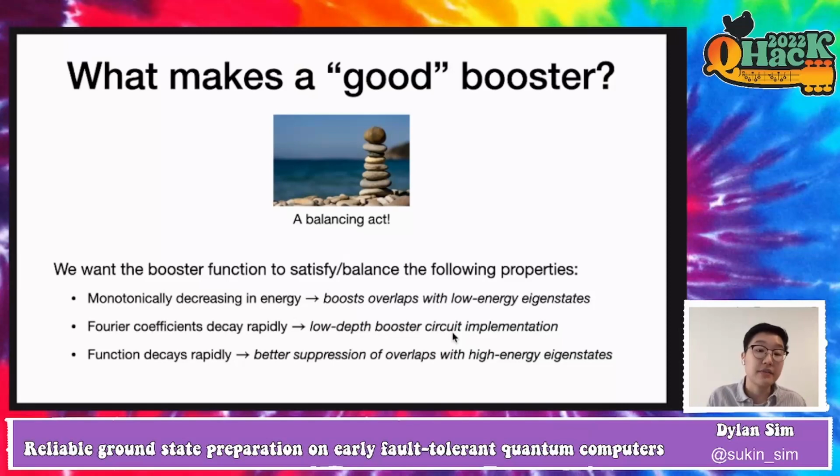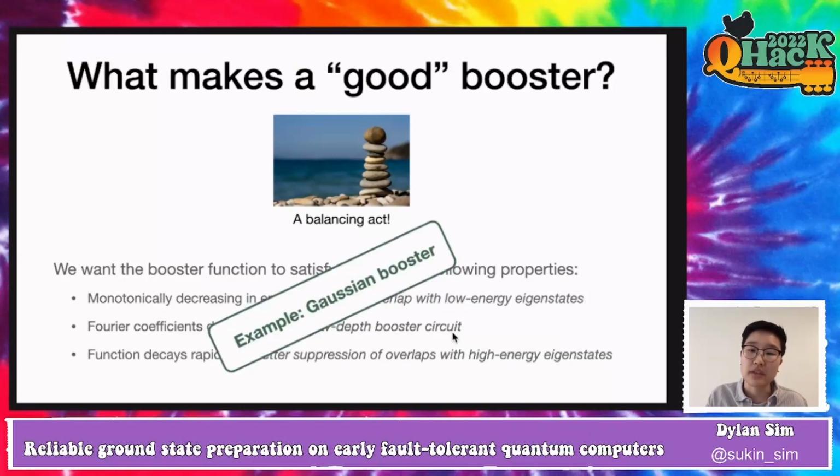And lastly, if the function itself, f, decays rapidly, this implies a better capability of suppressing overlaps with the higher energy eigenstates. This is a lot of facts thrown at you, but for this talk, I wanted to also provide an example of what a good booster is. As an example, we call this the Gaussian booster.